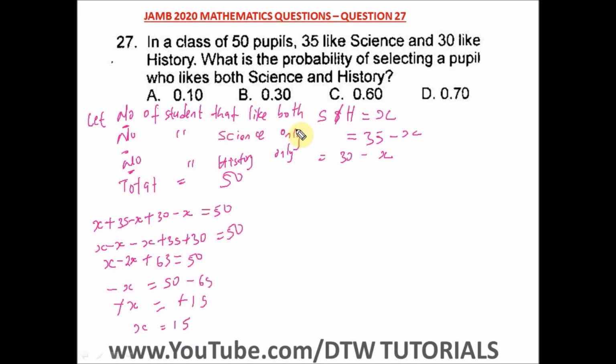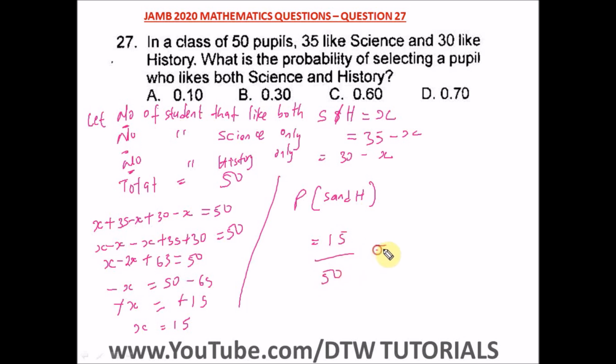So therefore, the number of students that like both science and history is equal to 15. So to find the probability of science and history, it is equal to 15 over 50.